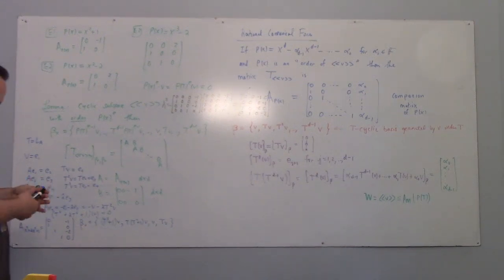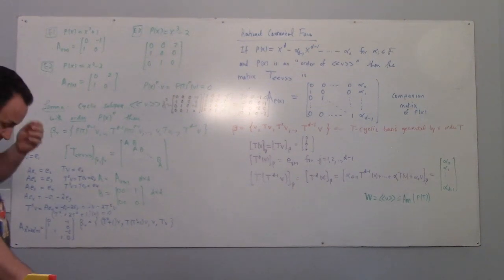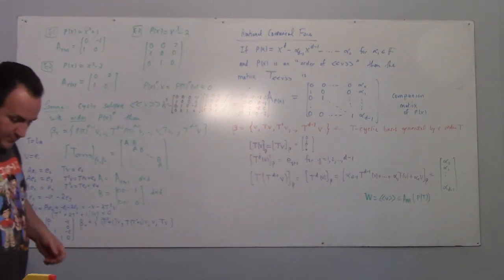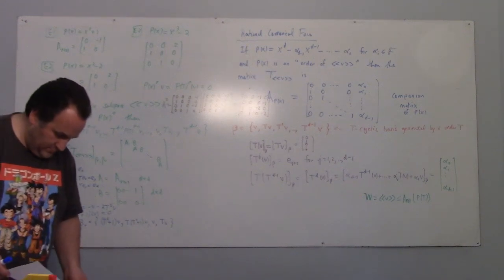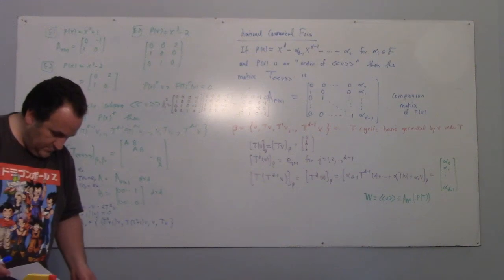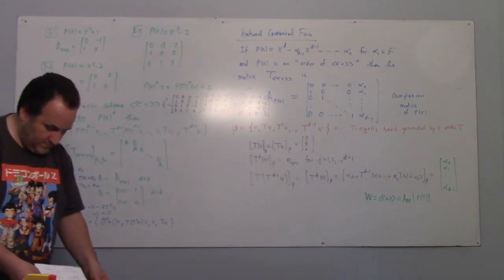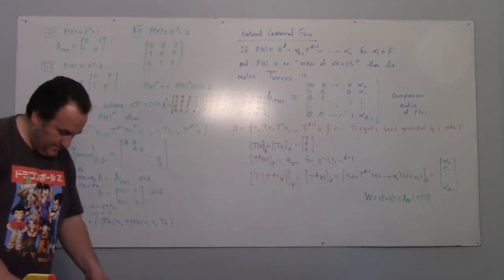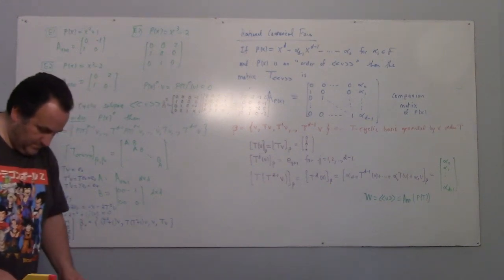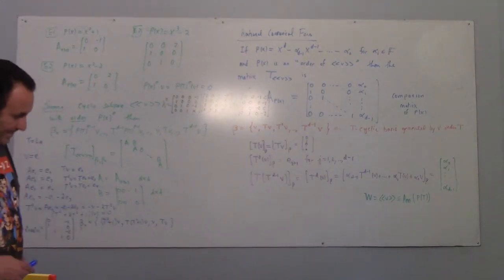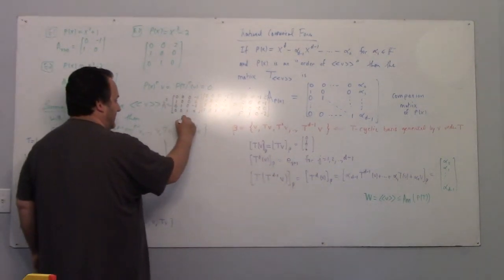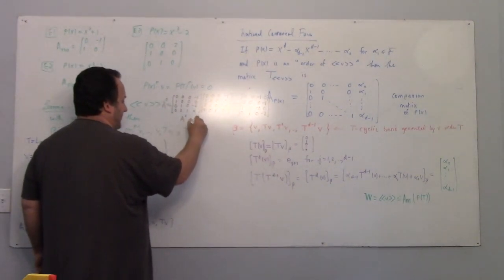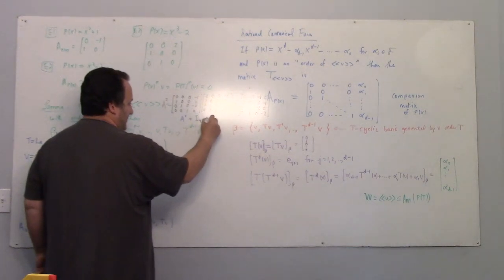Oh, yes, minus 2. So I think at this point it's clear that A squared plus the 4x4 identity matrix is not equal to the 0 matrix, right?